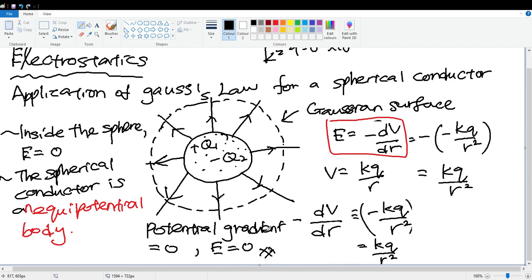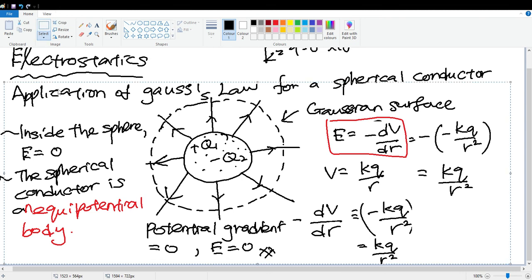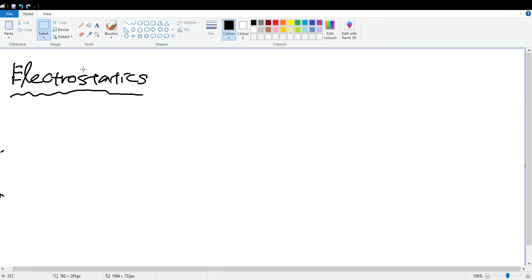Alright, so let me just erase this one, and this one as well. So what will be the graph for the electric field strength?